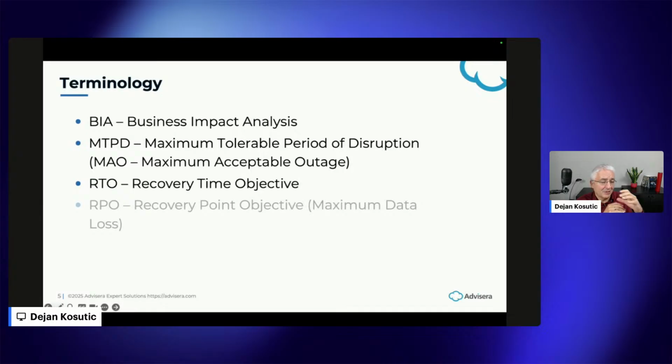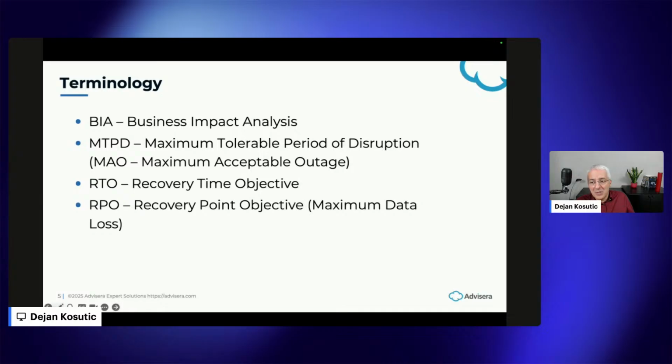And once you get an overall picture and the interdependencies between these departments, then you can finally decide on the RTOs. I have a separate slide where I show you a couple of examples with these MTPDs, interdependencies, and then how to reach the conclusion on the RTOs.